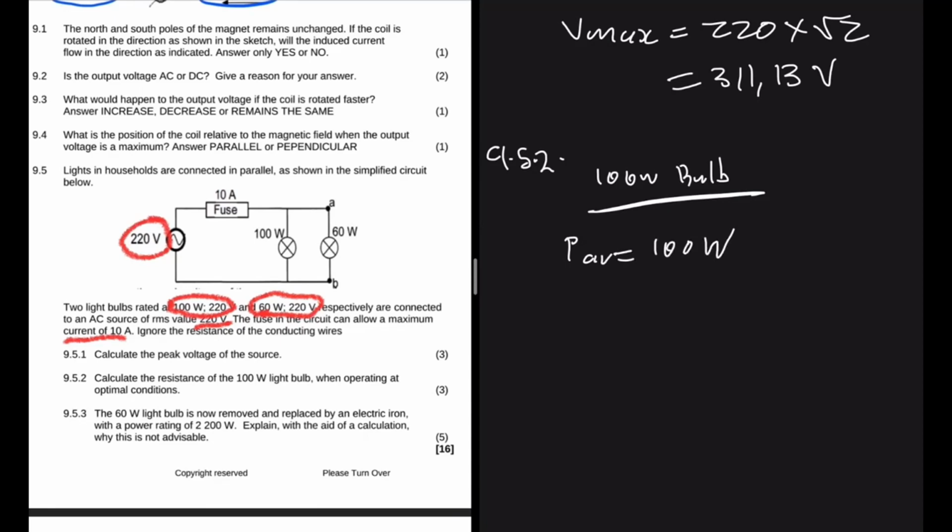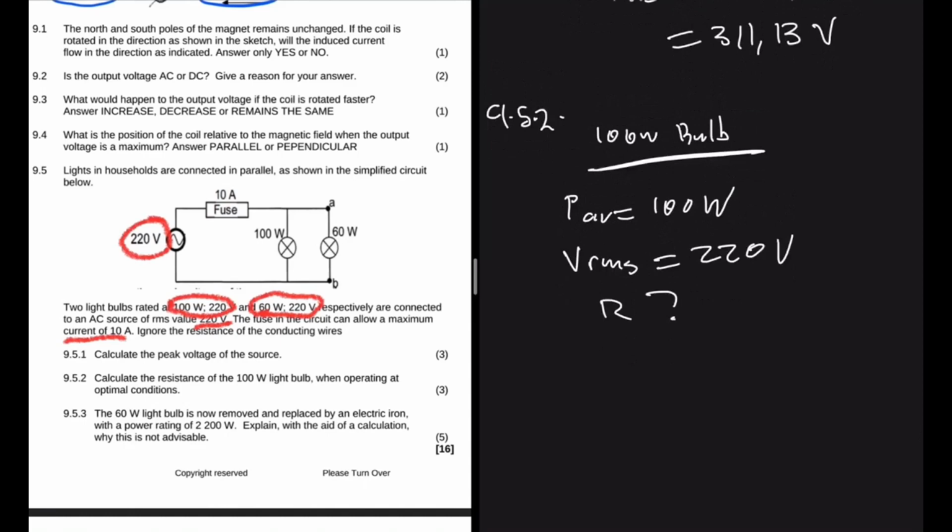What else do we know? We know that it needs 220 volts, because that's given on the rating. So here we're going to have VRMS being equal to 220 volts. And now what are we looking for? We're looking for the resistance.